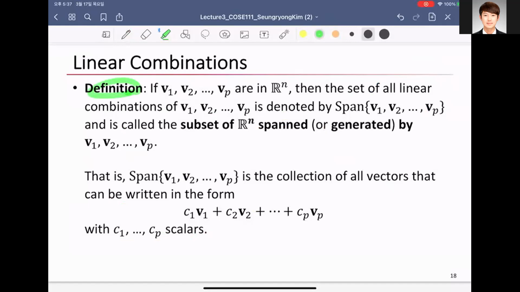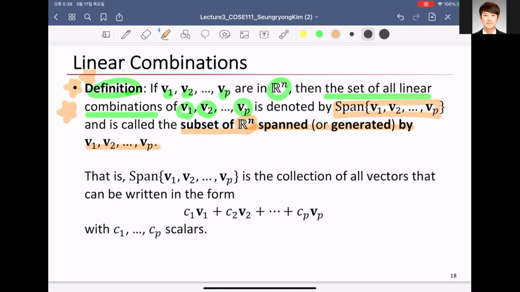So, if vector v1, vector v2, and vector vp are in Rn space, n-dimensional vector, then the set of the whole linear combinations of the v1, v2, and vp is denoted by span of v1, v2, blah blah vp, which is called subset of the Rn spanned by v1, v2, vp, or generated by v1 and v2 and vp. That's very, very important concept. Definition. Span.